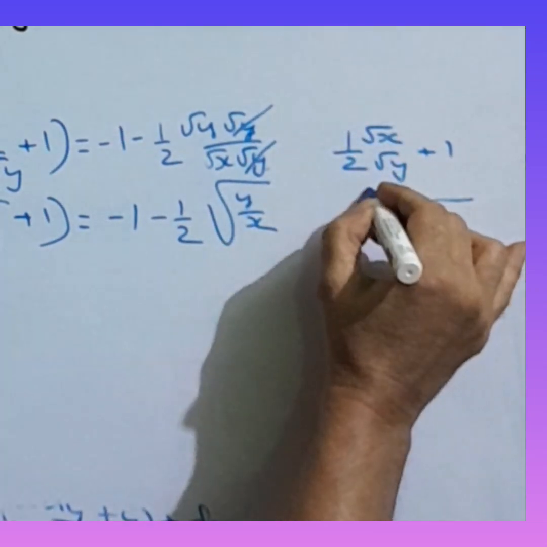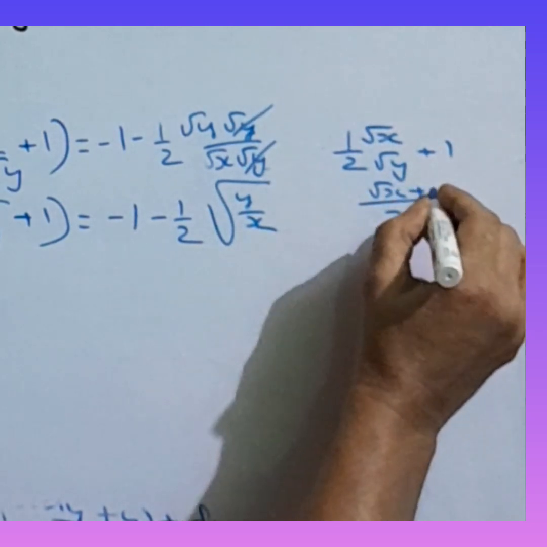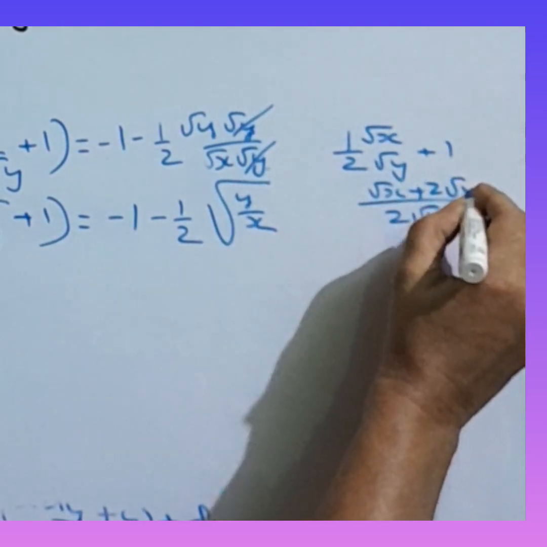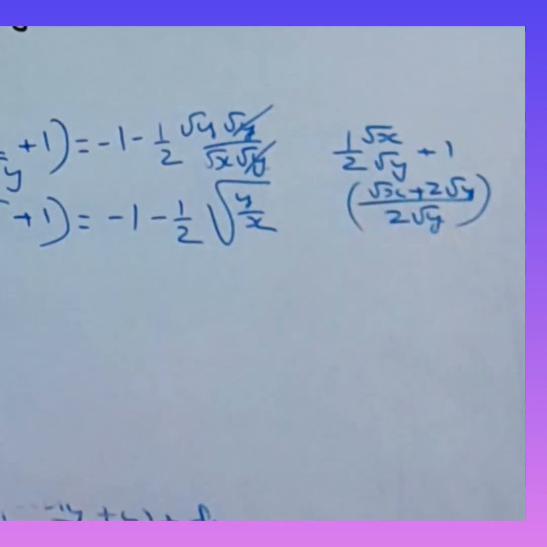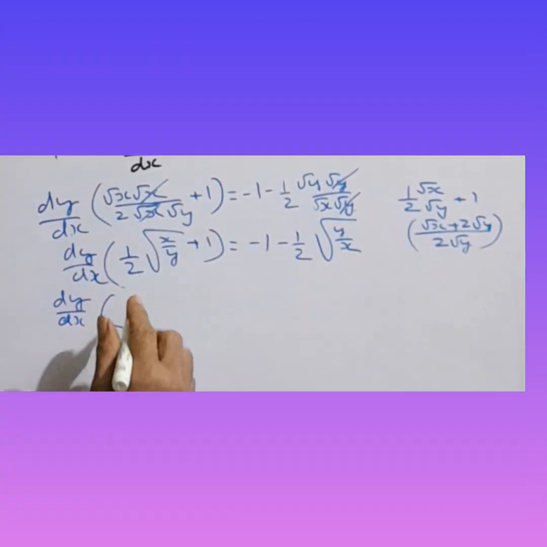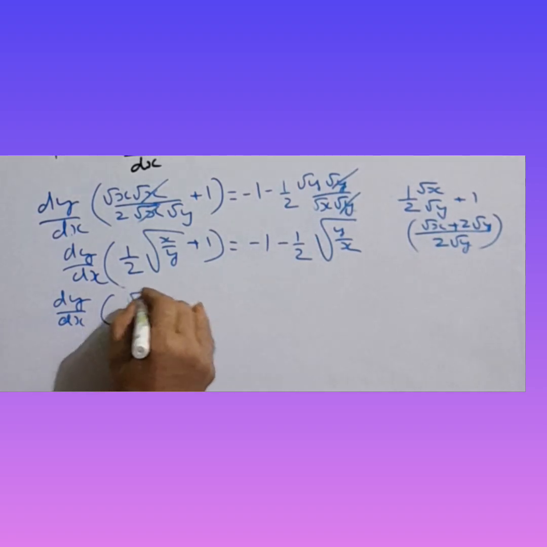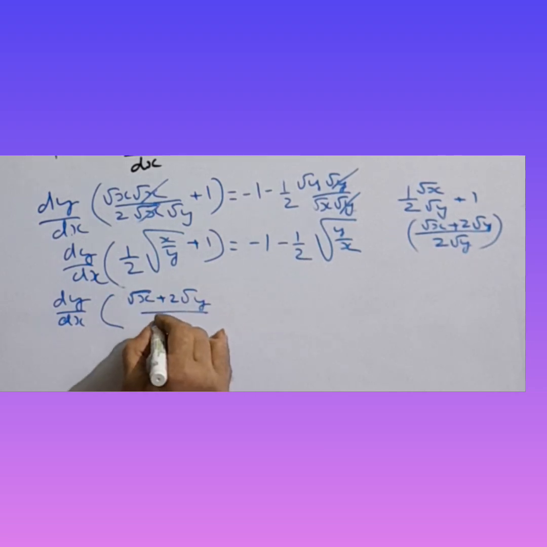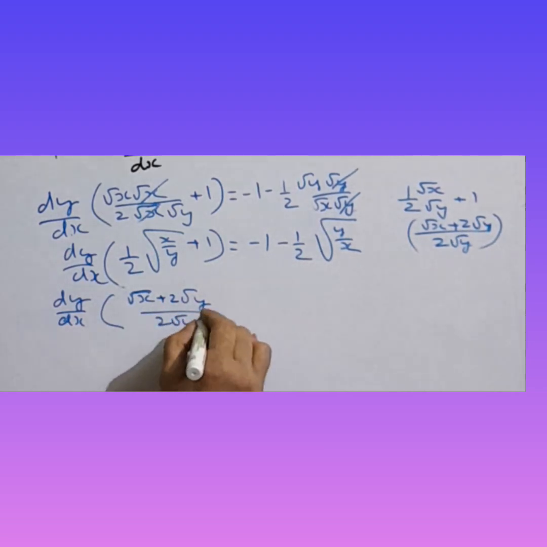So it is root x plus 1 by 1, it is 2 root y. Okay, so this is what we get. Let me jot it down over here. So root x plus 2 root y upon 2 root y.